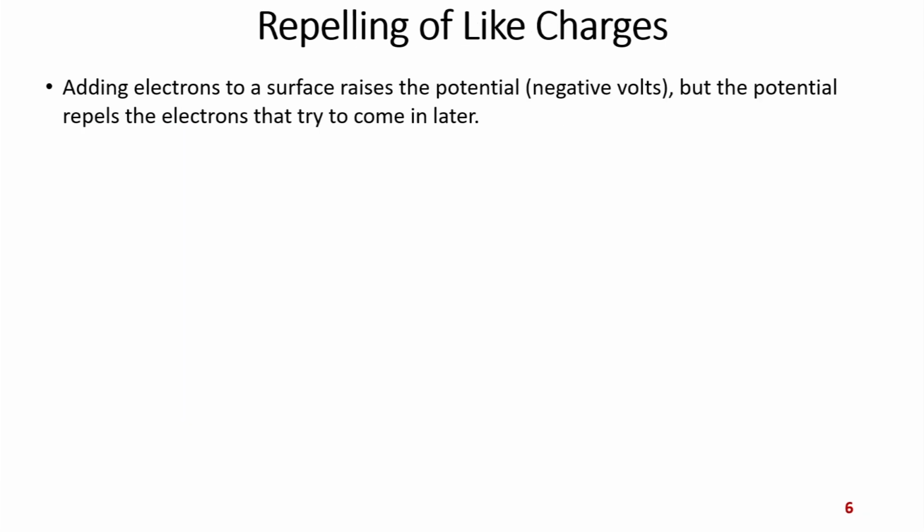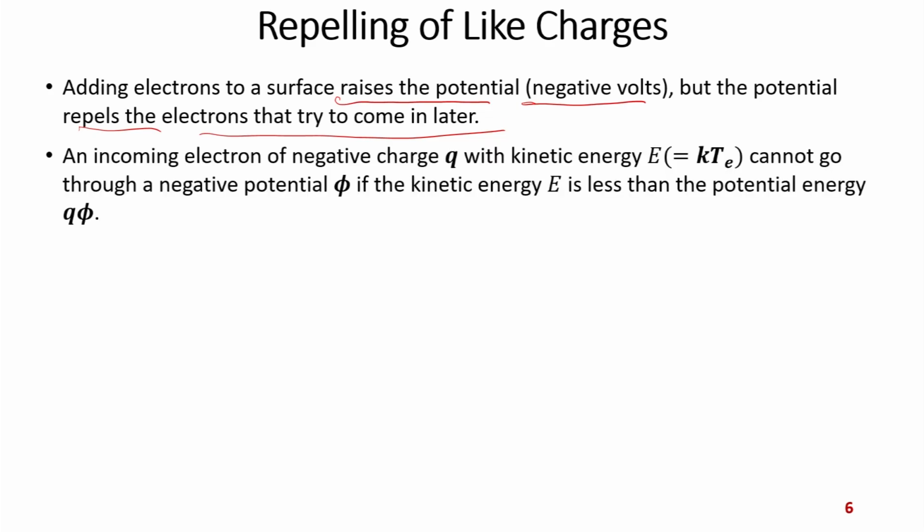Now the next, let us consider the repelling of like charges. I already said that whenever you are adding electrons to the surface, it raises its potential, which we have already seen, so it is negative. And this potential repels the electrons that try to come in later. Now, what is that condition?